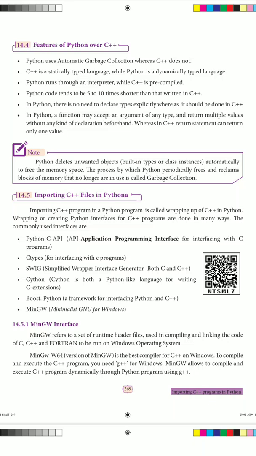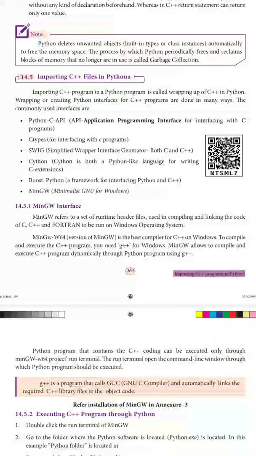MinGW, minimalistic GNU for Windows. We are going to use this MinGW for compiling and using a C++ program in a Python program.